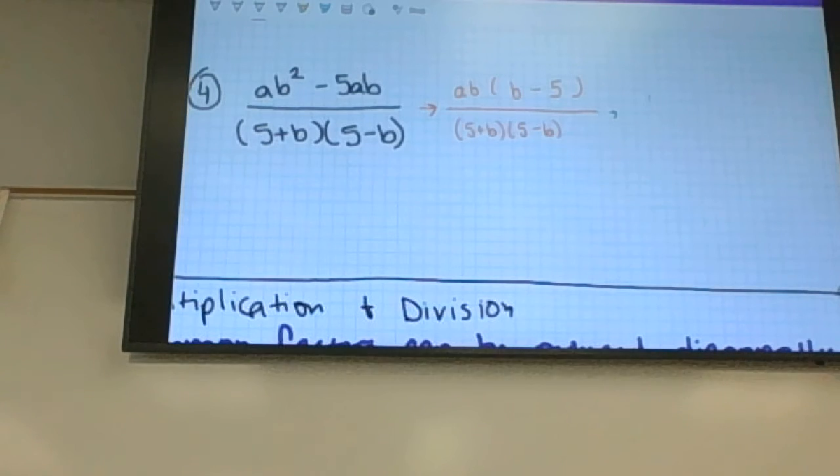So this would be AB, B minus 5, all over 5 less B, negative B plus 5. So I'm going to reorder this one, and in this one, I'm going to take out a negative 1.